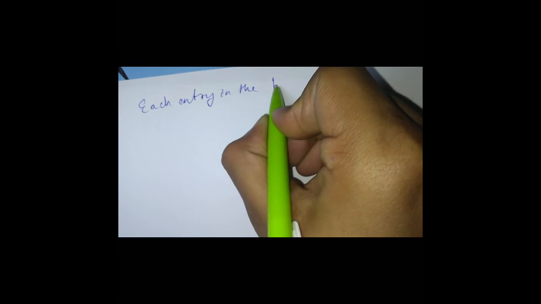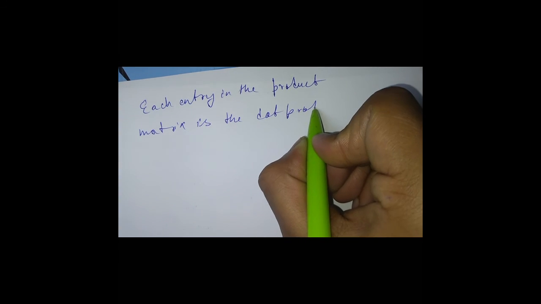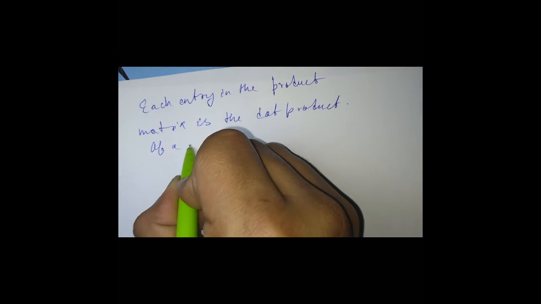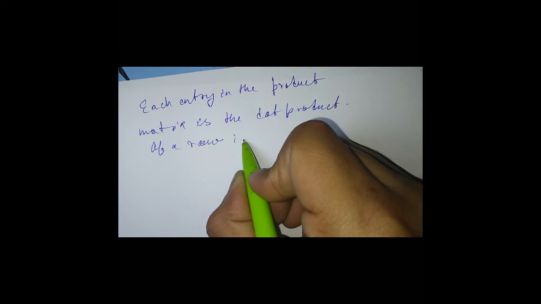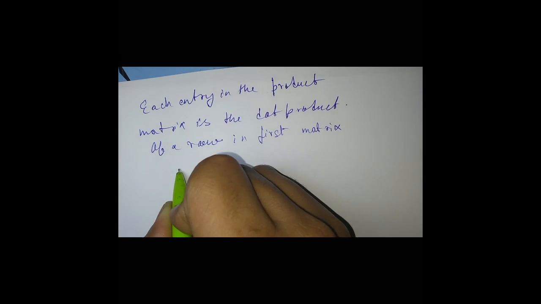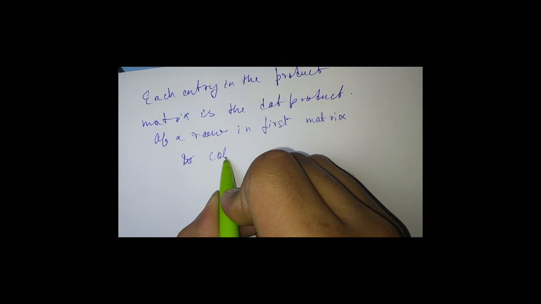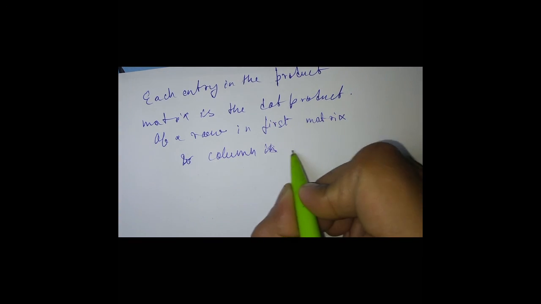In matrix multiplication, each entry in the product matrix is the dot product of a row in first matrix and column in second matrix.